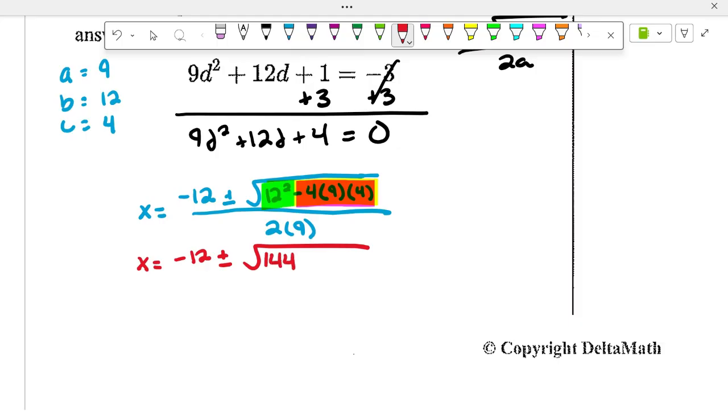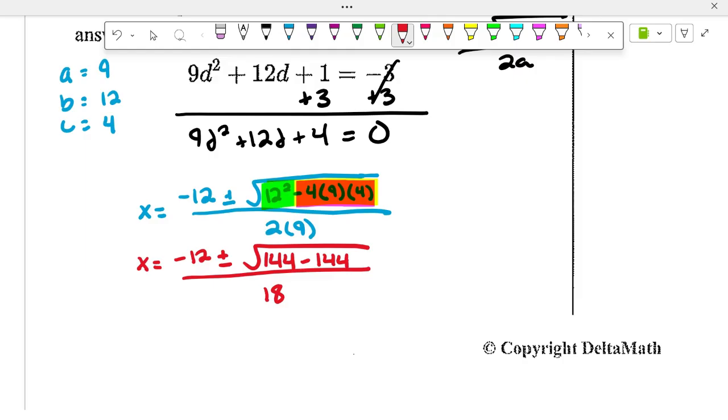Now, what's negative 4 times 9 times 4? You can put that in your calculator, guys. It's negative 144. All over, and then what's 2 times 9? 18.